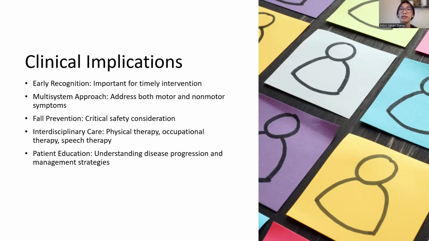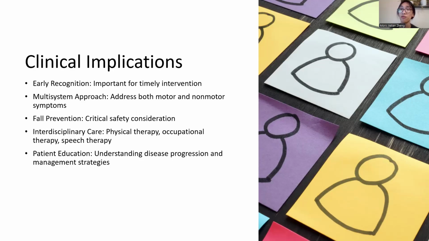This is increasingly important as research suggests that early treatment may modify disease progression. Second, we need a multi-system approach that addresses not just the obvious motor symptoms, but the full spectrum of manifestations affecting cognitive, mood, autonomic functions, sleep, and sensory processing.